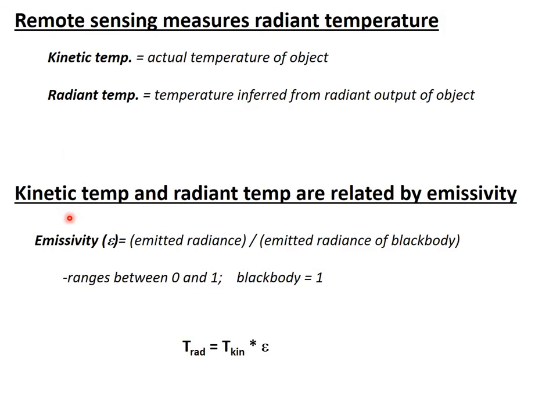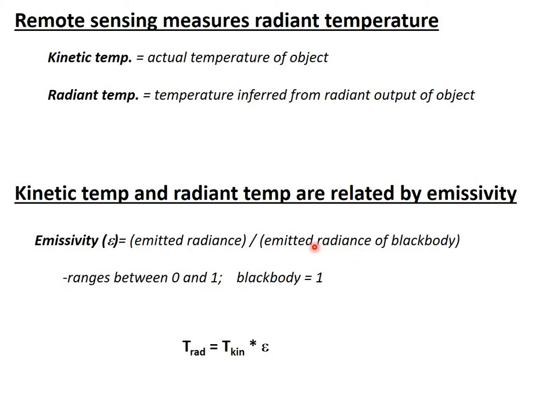So remote sensing can measure radiant temperature using a thermal band, and radiant temperature is the temperature inferred from the radiant output of the object. That's slightly different than the kinetic temperature, which is the actual temperature of the object. And these two things are related by the emissivity. The emissivity is the ratio of the emitted radiance divided by what would have been the emitted radiance of a black body at the same temperature.